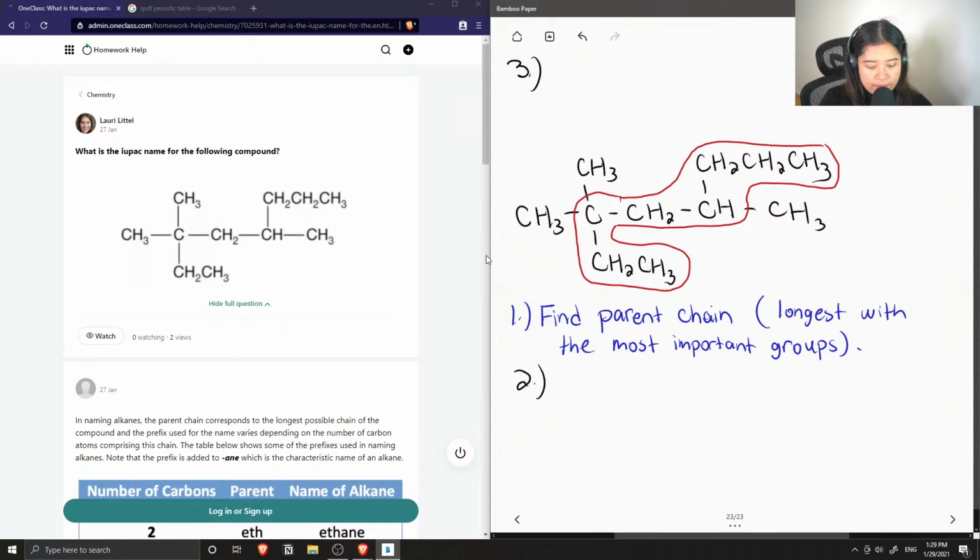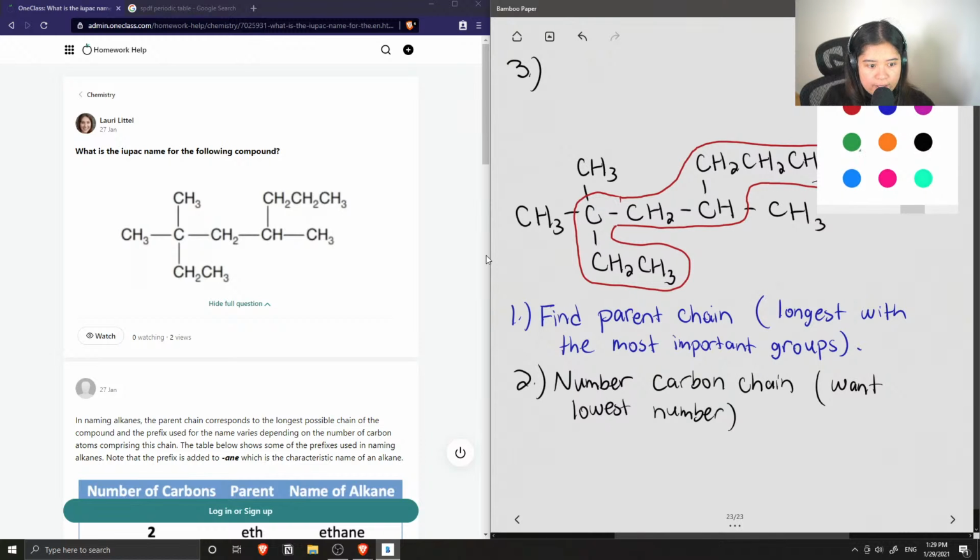So the second step is to number our carbon chain. In the end, we want the lowest number possible when designating where all the side groups are. I'm also going to add a step 3, which will help us number the carbon chain.